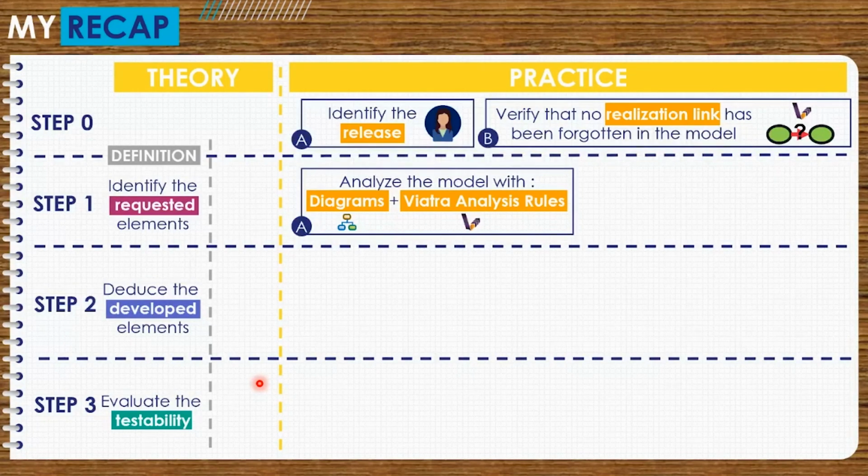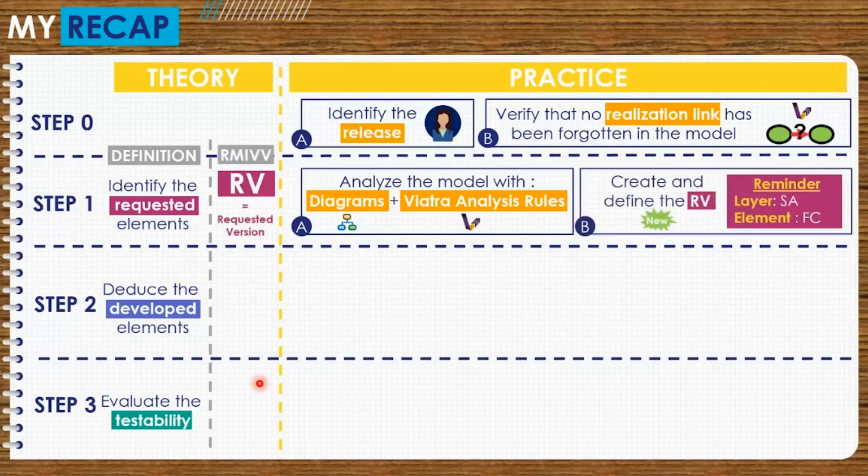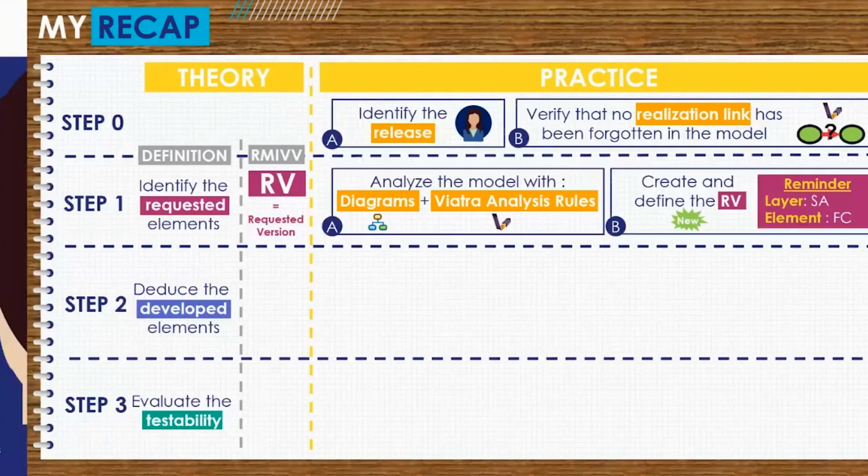Let's start with step one. The version is the requested version. This is where we enter all the elements related to the identified requested elements. In this case, as we said before, our need is a functional chain from the ASA level, system analysis level.